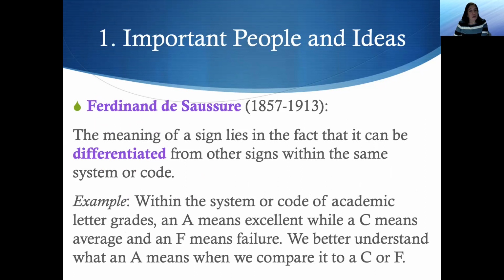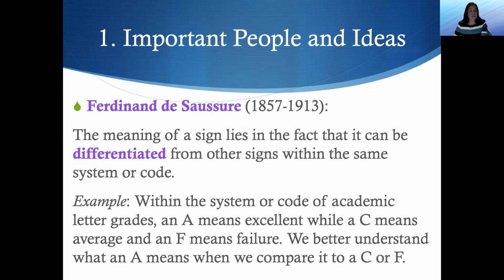So, our introduction in our textbook talks about some important people and ideas. One of them is Ferdinand de Saussure, and he talked about how the meaning of a sign lies in the fact that it can be differentiated from other signs within the same system or code.